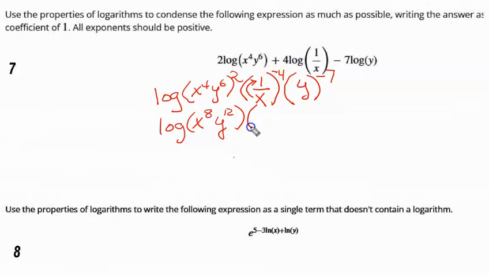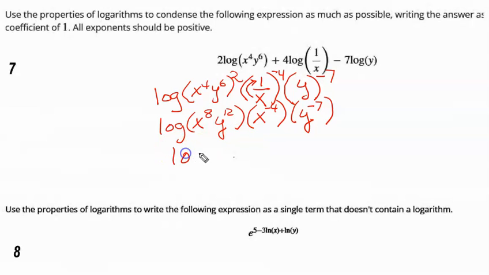So this is now x to the negative 4. And this is going to be y to the negative 7. Again, there are different ways to do it. This is the way, after working it out, I found to be the easiest.